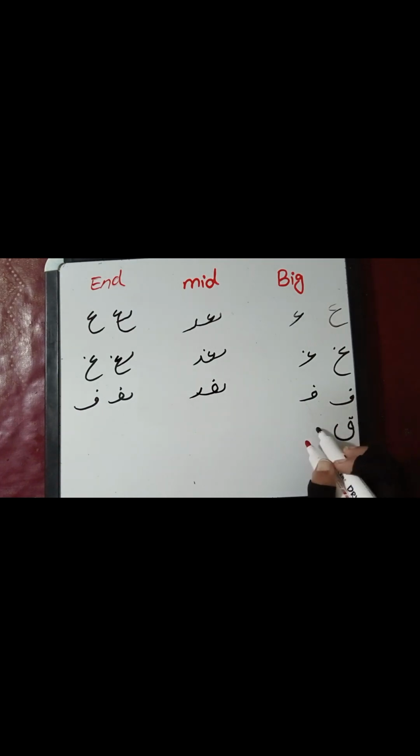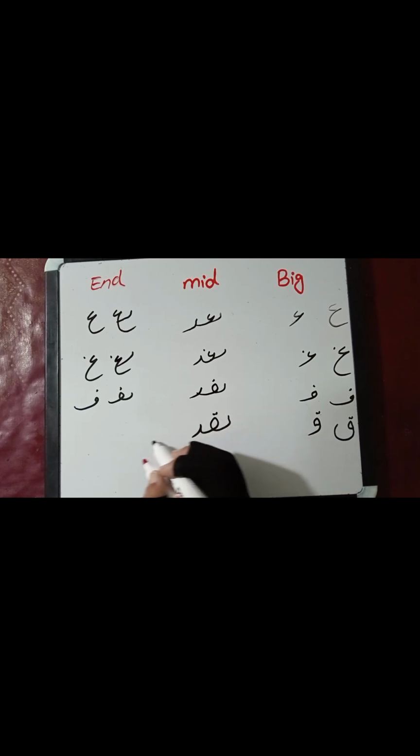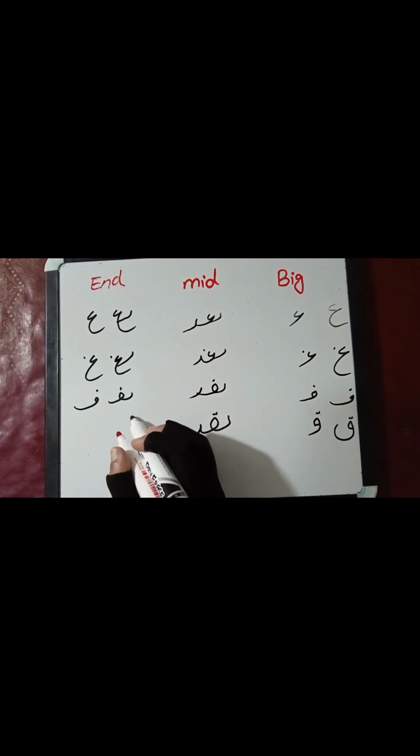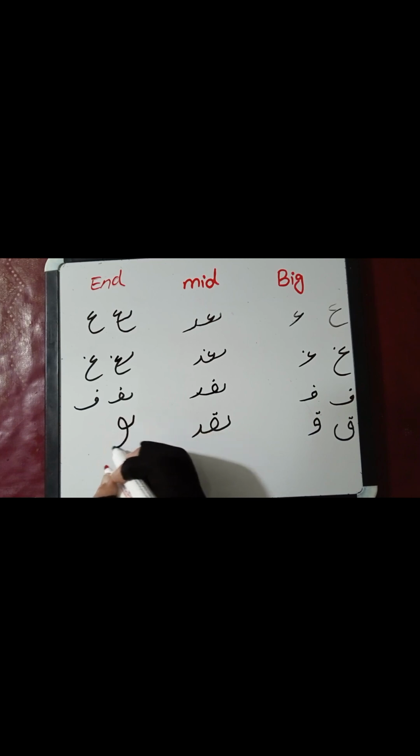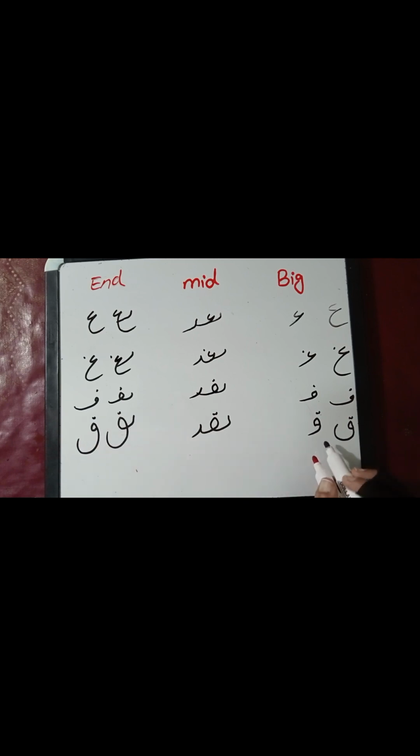Qaf, same like with fe, the beginning shape, the middle shape with two connectors, and in the end sometimes with one connector and sometimes without connector.